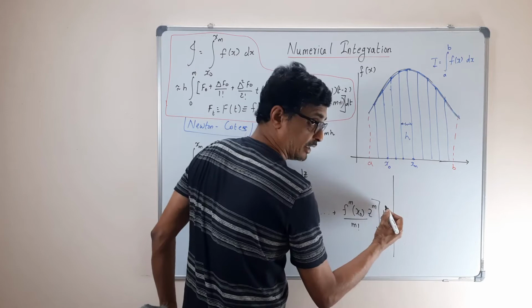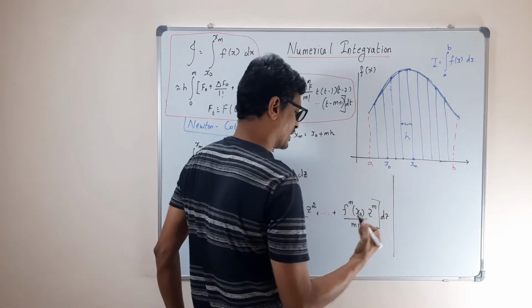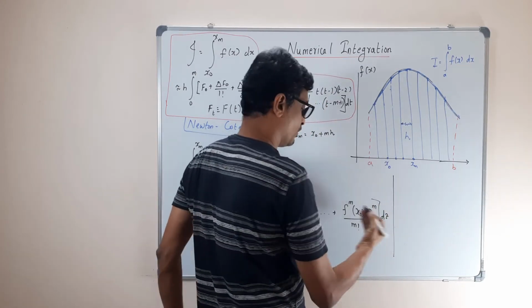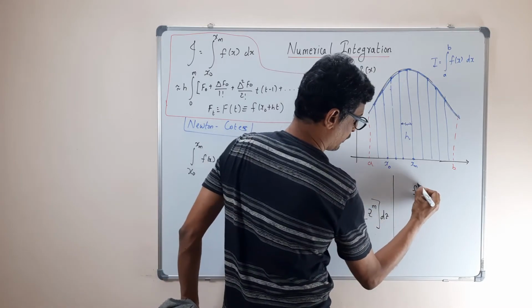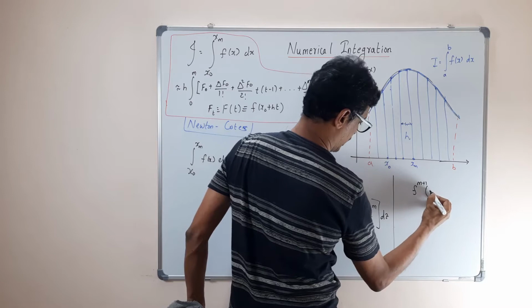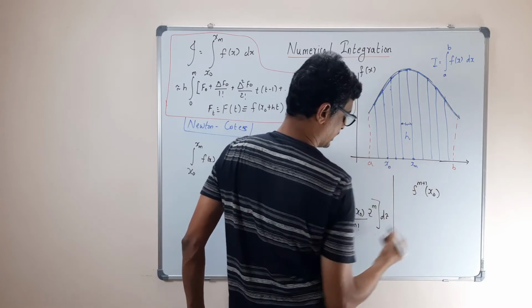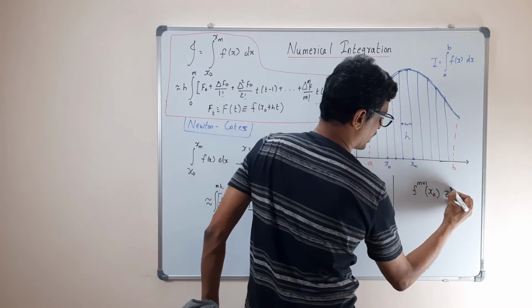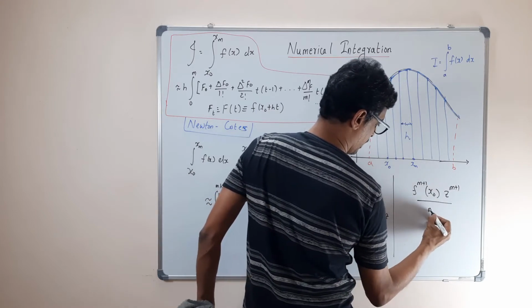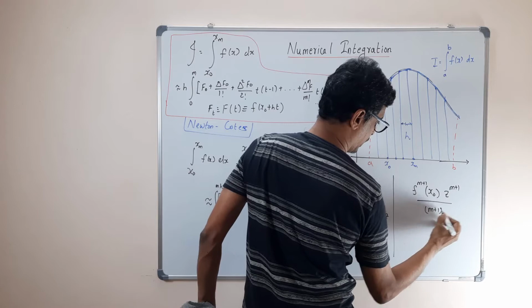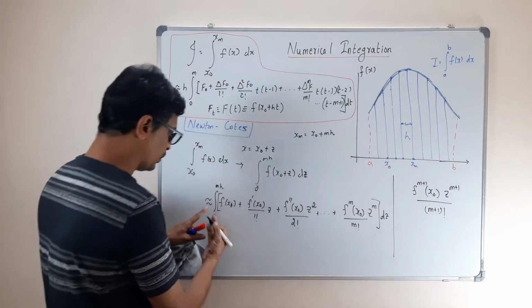I will take the leading term, because the assumption is that the leading term has the maximum magnitude, and that's what matters. So that term is the integration of f of m plus 1th derivative at x equal to x0, z power m plus 1, divided by m plus 1 factorial.